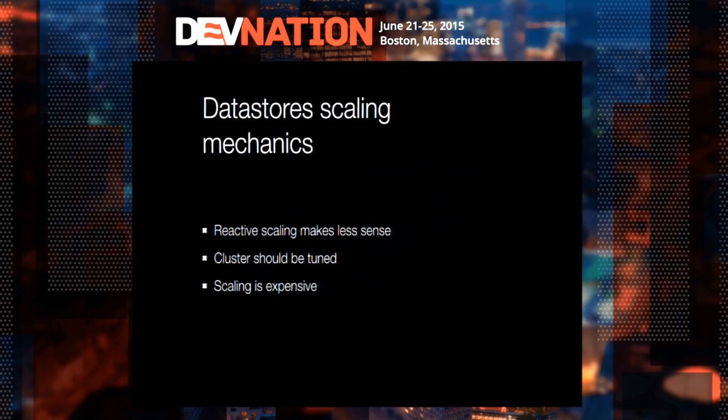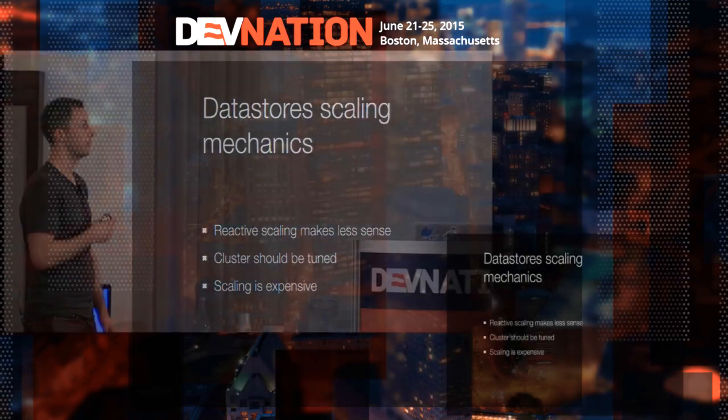Because reactive scaling for data stores just doesn't make a lot of sense. This strongly depends on which kind of data store you're using, but let's take the example of Mongo, for example.